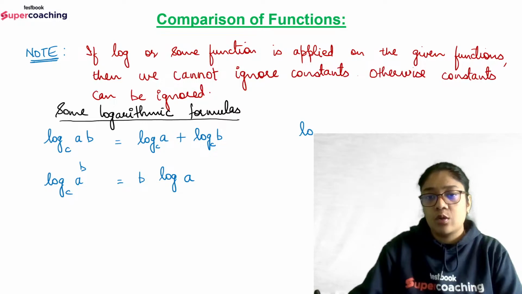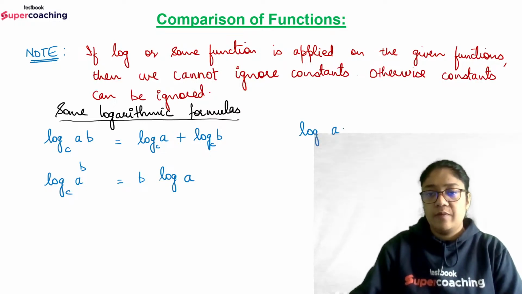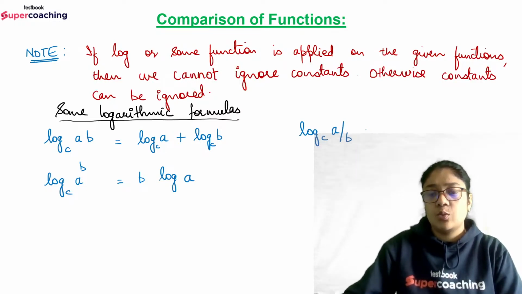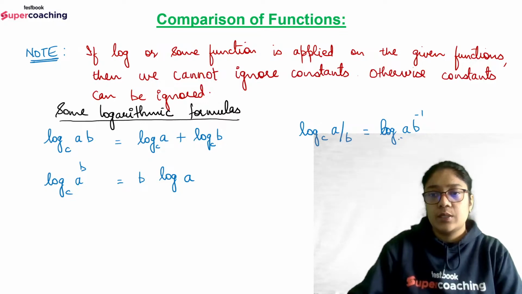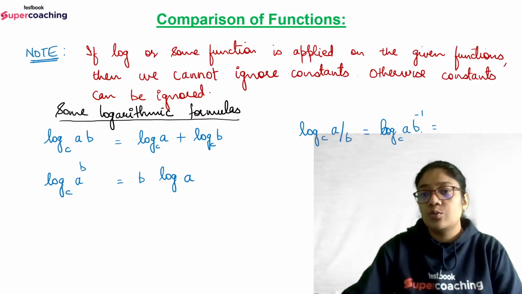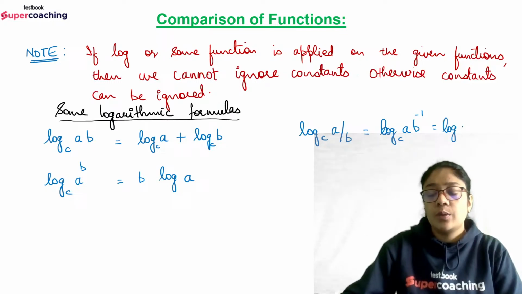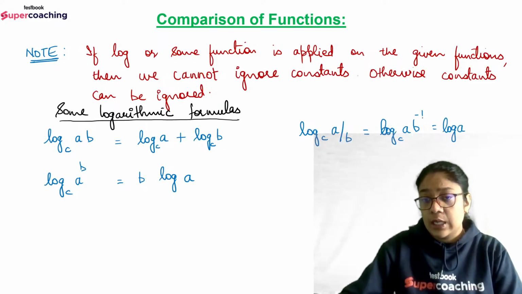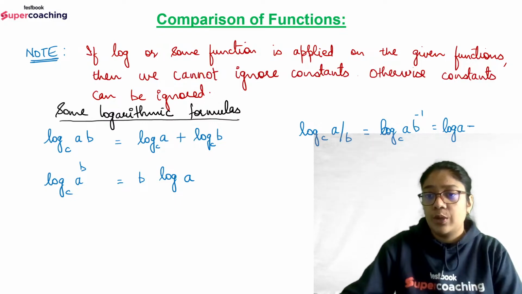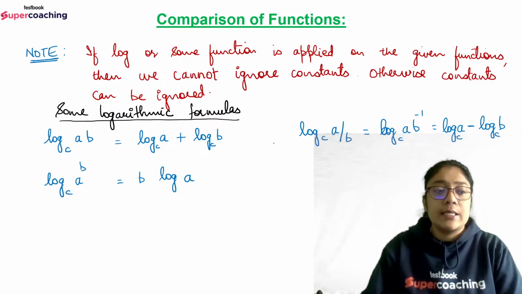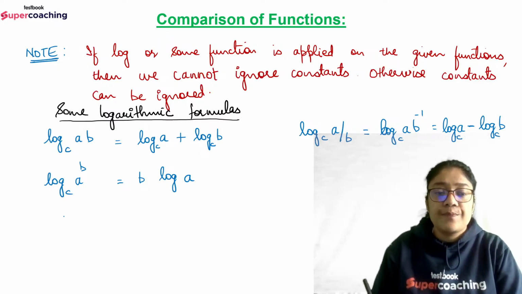If we have log a divided by b with the base c, so we can write this as log a minus log b, and we know that log a b is nothing but log a plus log b, so it will be log a, instead of plus, now we'll be having minus log b with the base c. So basically जो third formula है that is derived from the first formula itself.